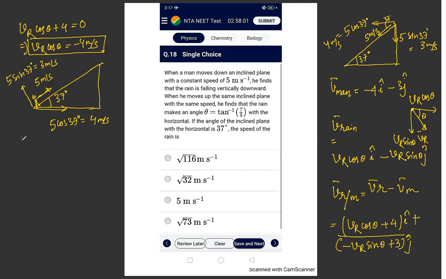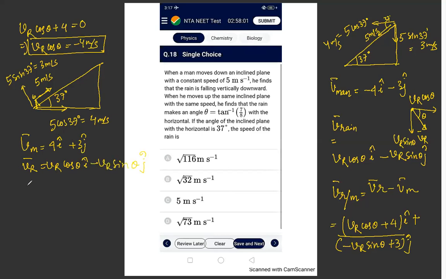So the velocity of this man is already calculated to be 4 i cap, and this time it is plus i cap and plus 3 j cap. For rain, we have already calculated it to be Vr cos theta i cap minus Vr sin theta j cap.